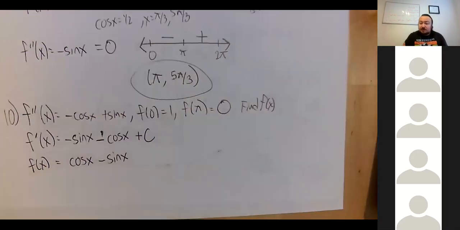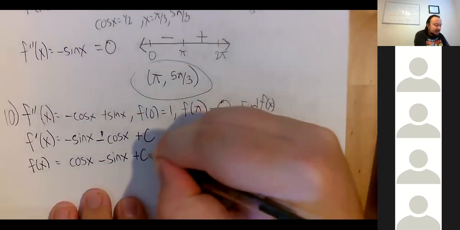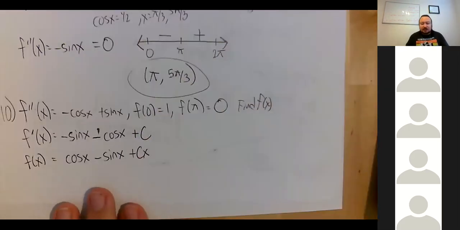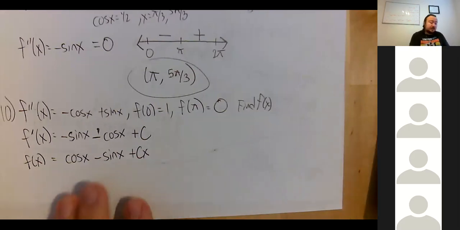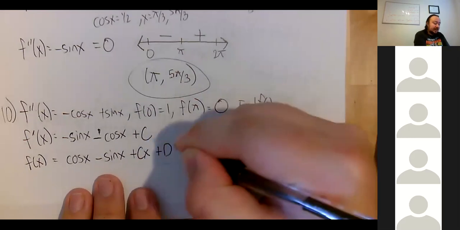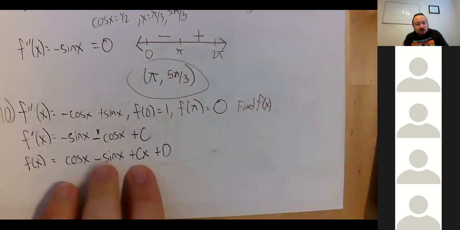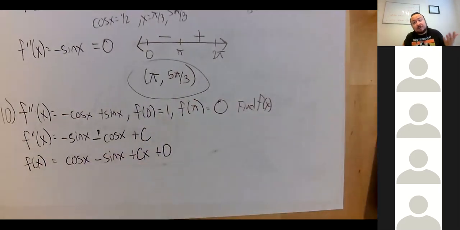Now the antiderivative of any constant, like 3 or 5 or pi or whatever, is that constant times x. Whatever constant this is, the antiderivative will be the constant times x. And since we've done another antiderivative, we need another constant, which I'll call D. We can't just call this one C again because they may not be the same number.